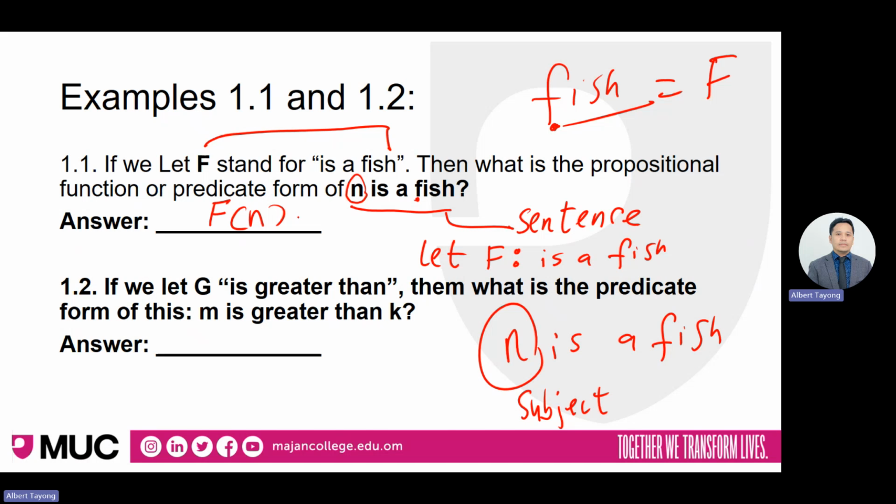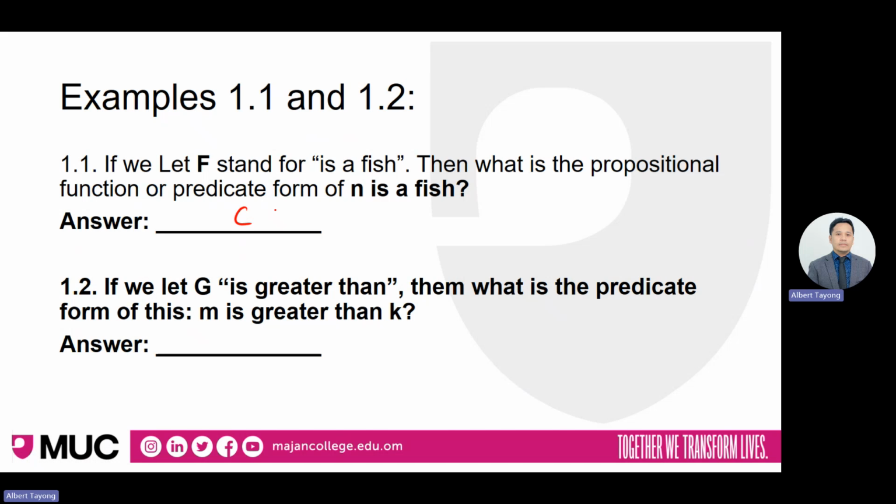So predicate is on the left, that is F. It is a fish. Okay, so this is our variable, and this is our predicate symbol. Right? So I hope this is clear.